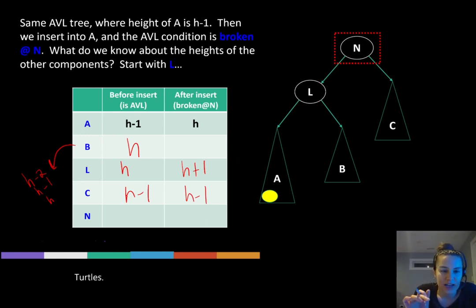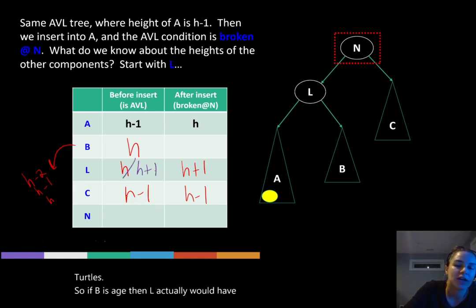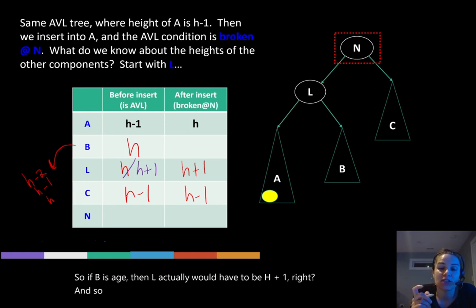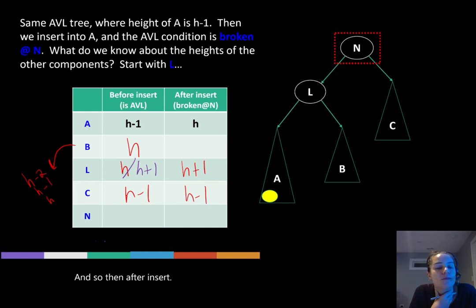So if B is h, then L actually would have to be h plus 1, right? And so then after insert, if B was h, then L would have to be h plus 1.